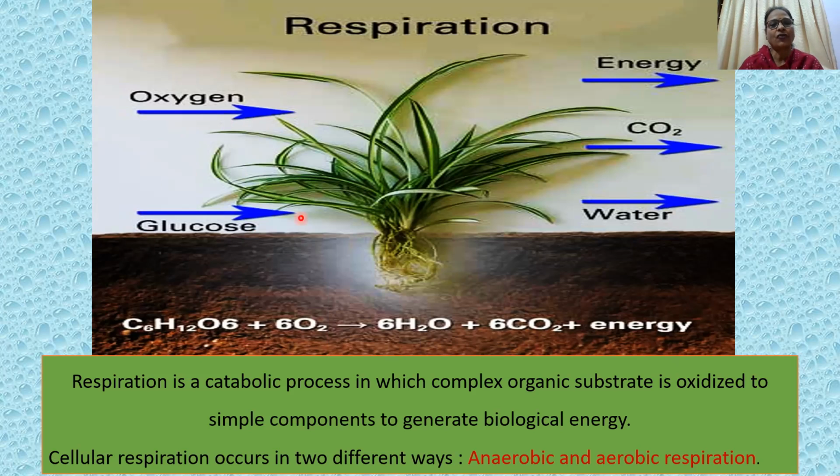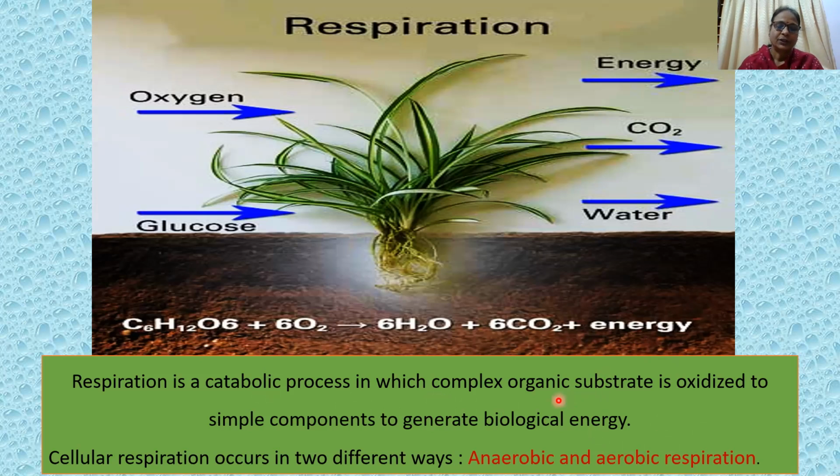For their breakage, or catabolism, oxygen is used, meaning glucose is oxidized into simple substances like CO2 and H2O with the release of energy, which is conserved in the form of ATPs. Some amount of energy is given out as heat. Some is used in the synthesis of ATP. So respiration is a catabolic process in which complex organic substances are oxidized into simple substances to generate energy.